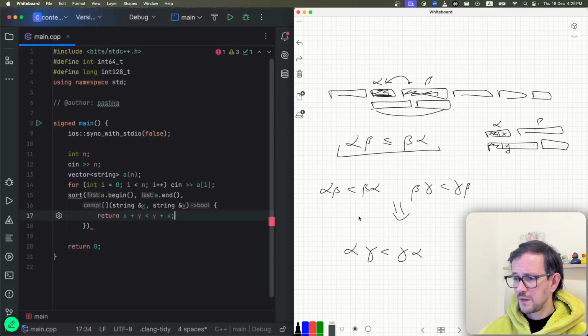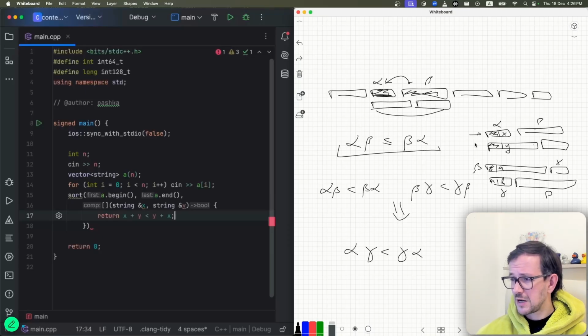And then you have beta gamma less than gamma beta. So this is less than this. Again, you have some common prefix here, and here we have some letter. Okay, let's say A, and here we have letter B.